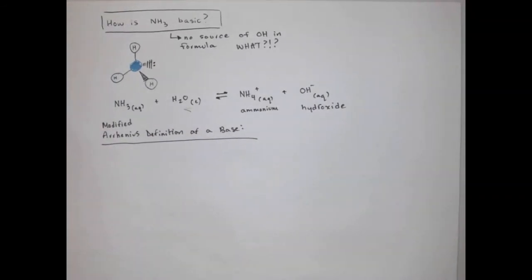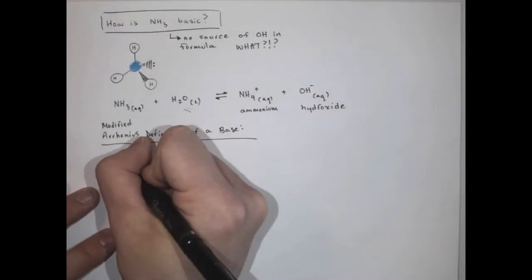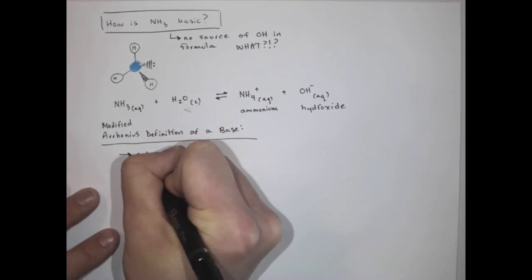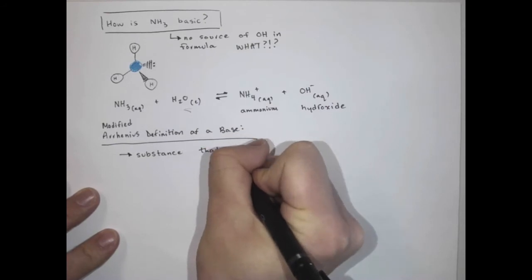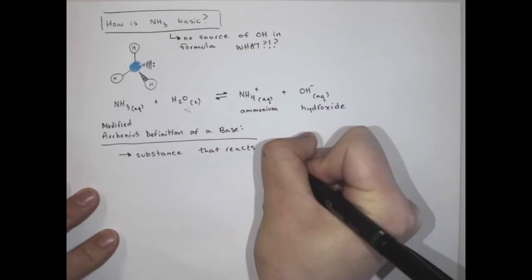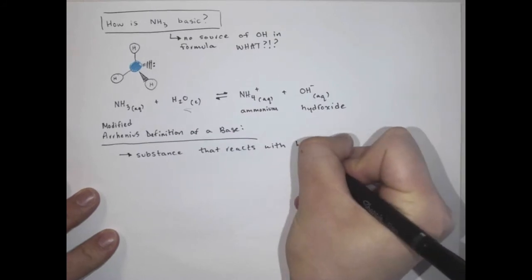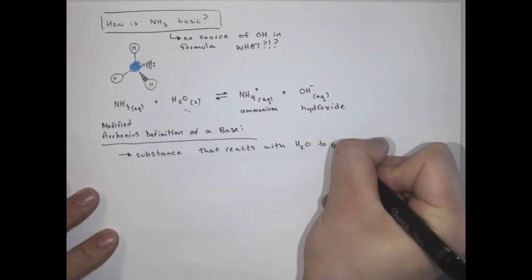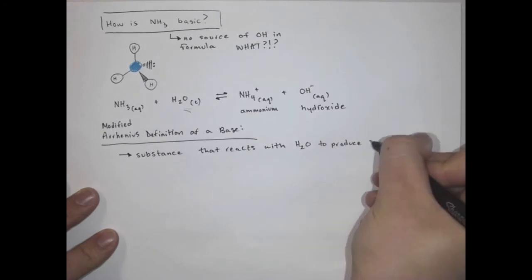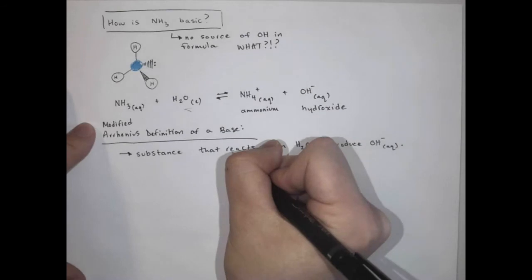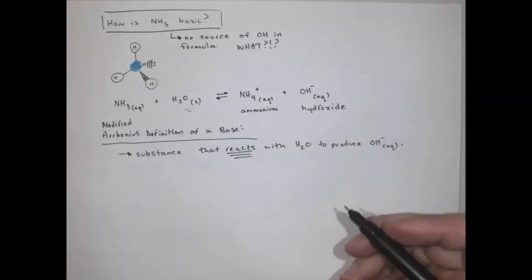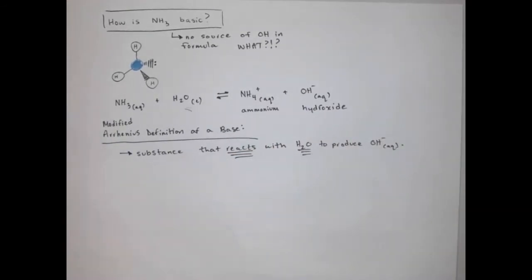The modified Arrhenius definition of a base is that it's a substance that reacts with water to produce hydroxide ions. So that's the key point. It reacts with water. It doesn't always just need to be a simple dissociation reaction.